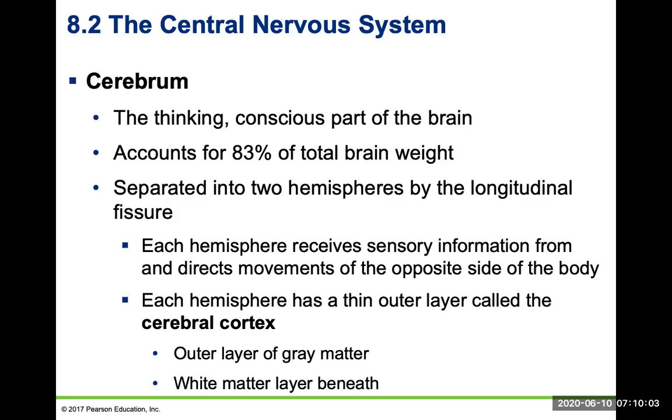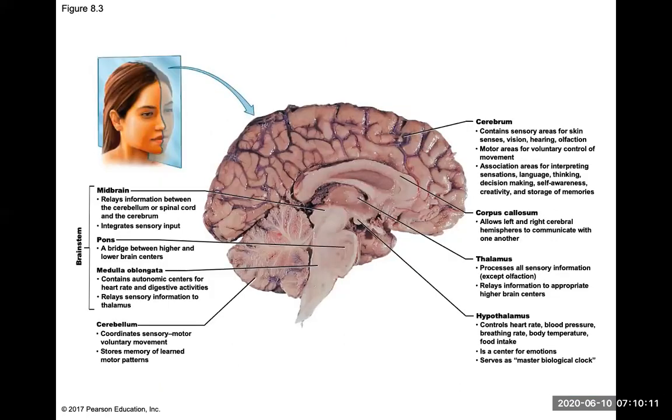Each hemisphere has a thin outer layer called the cerebral cortex, which is the outer layer of gray matter, and there's a white matter layer beneath it. So here's a look at the cerebrum and some structures as we look at a sagittal or cross-section view, and some of the structures within the cerebrum that you'll eventually learn.